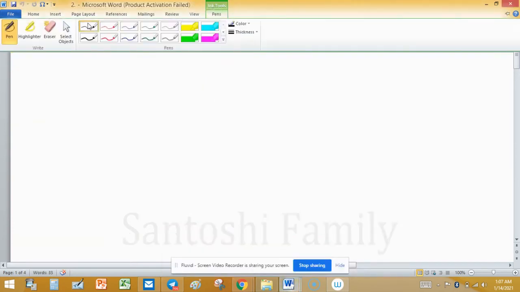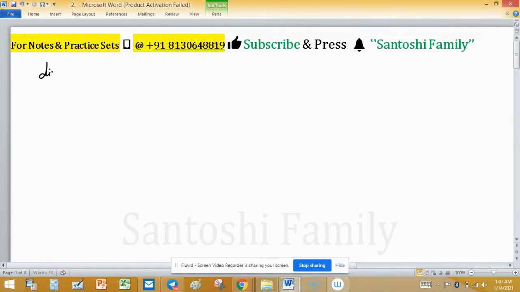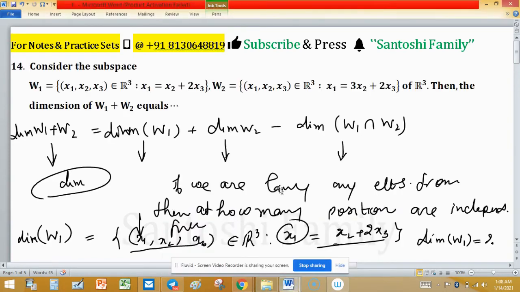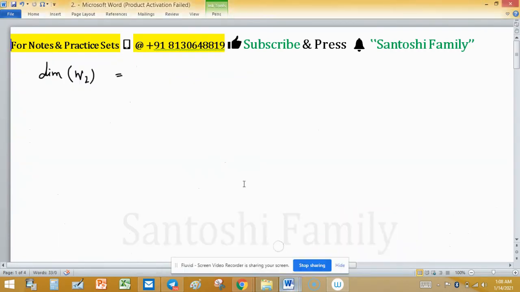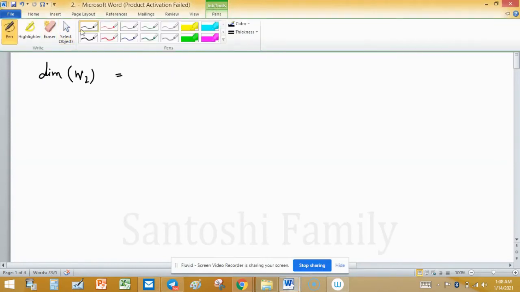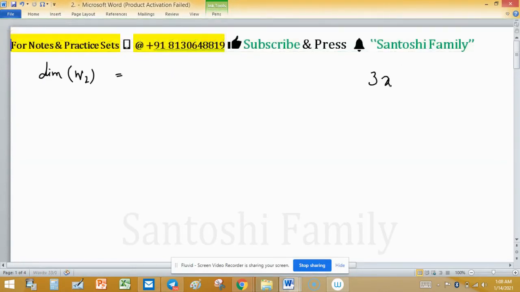Now we have to find the dimension of W2. The elements in W2 satisfy this condition, x1 equal to 3x2 plus 2x3.